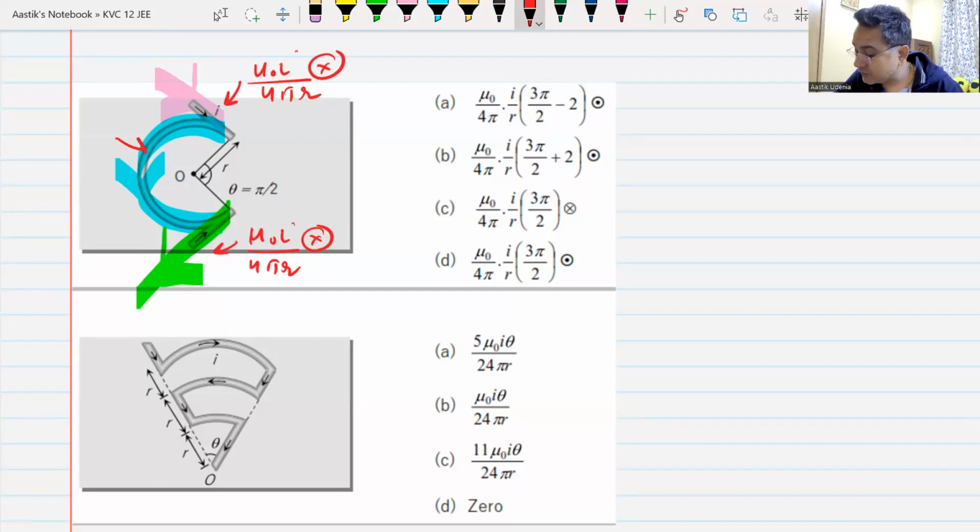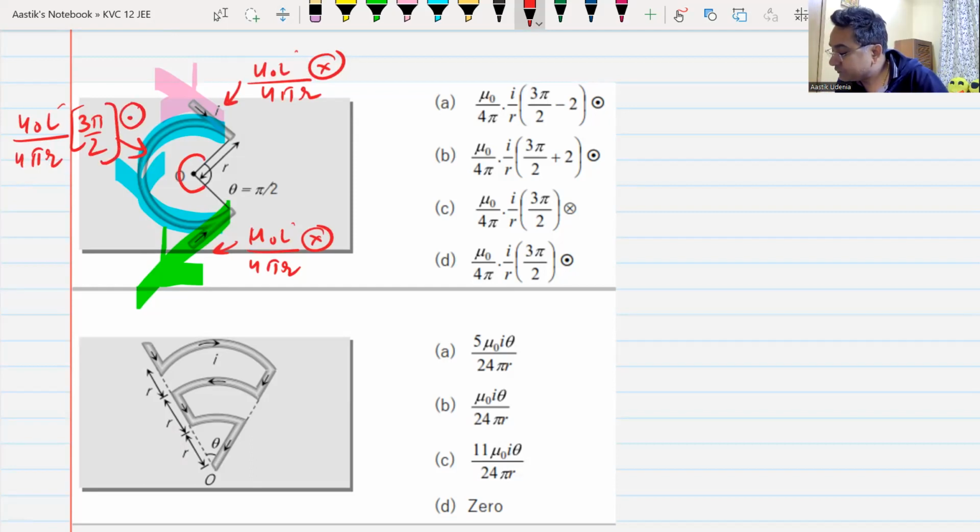Magnetic field due to this wire is mu naught I by 4 pi r into the total angle is 270 degrees, 3 pi by 2, but this will be outside. So you see, in the outside sense, it will be option number A. Do we understand this? Yes or no?